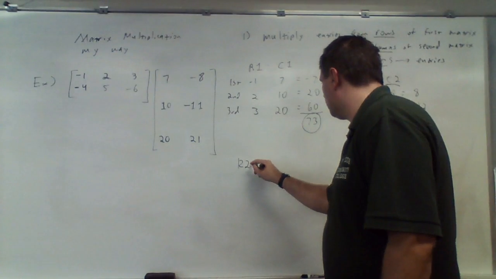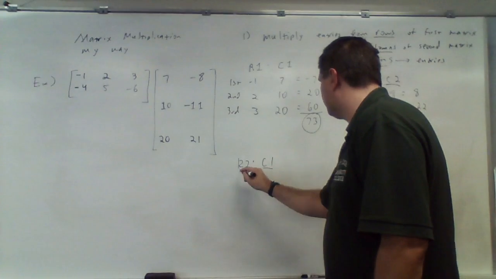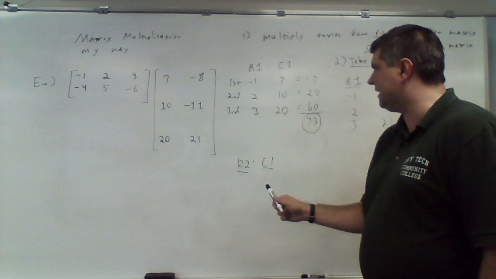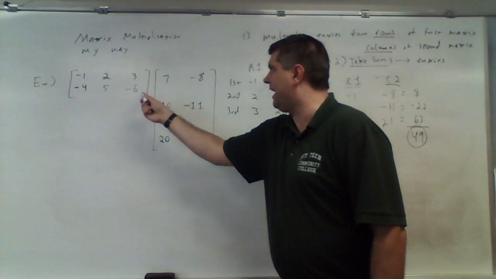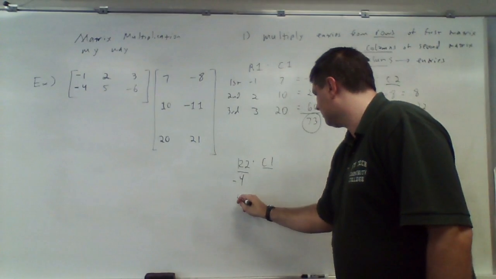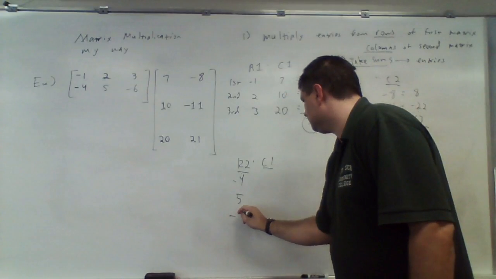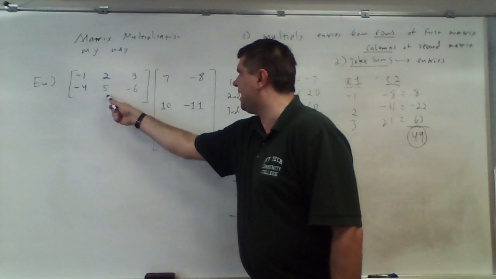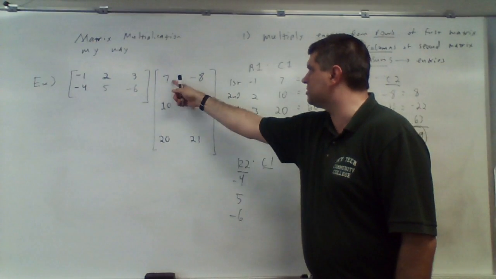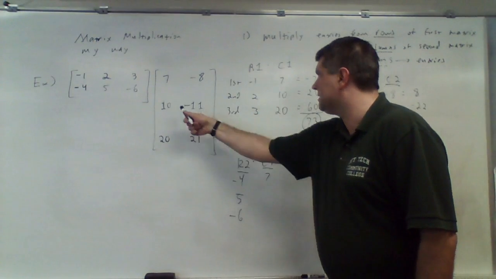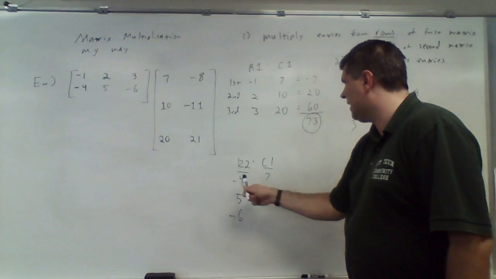Row 2 times column 1. Again, it's going to be the first entry, negative 4, 5, and negative 6. First entry, second entry, third entry. And then I'm going to take the entries of the first column: 7, 10, and 20.